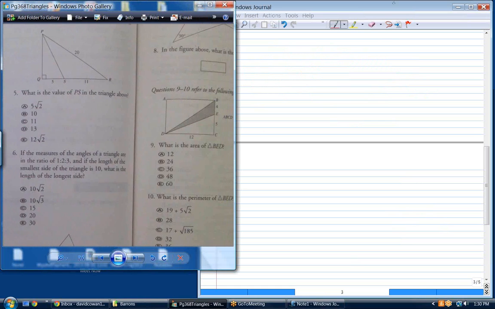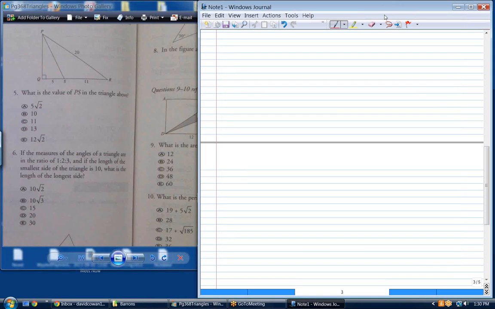Number 5. They want the measurement of PS. This is a two-step problem.